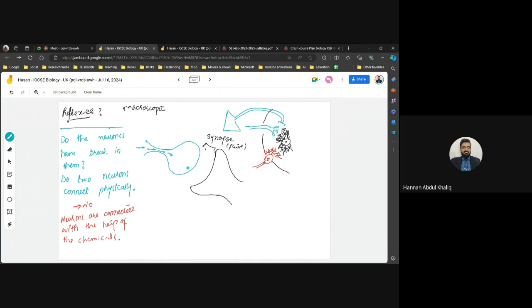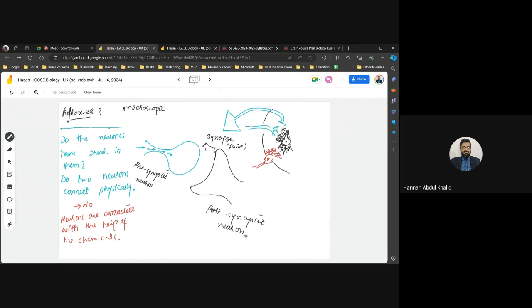The nerve impulse is moving here till the terminal of the axon. Then it would be moving into the next neuron, the relay neuron. With reference to the synapse, this one would be called the presynaptic neuron, and this one would be called the postsynaptic neuron.